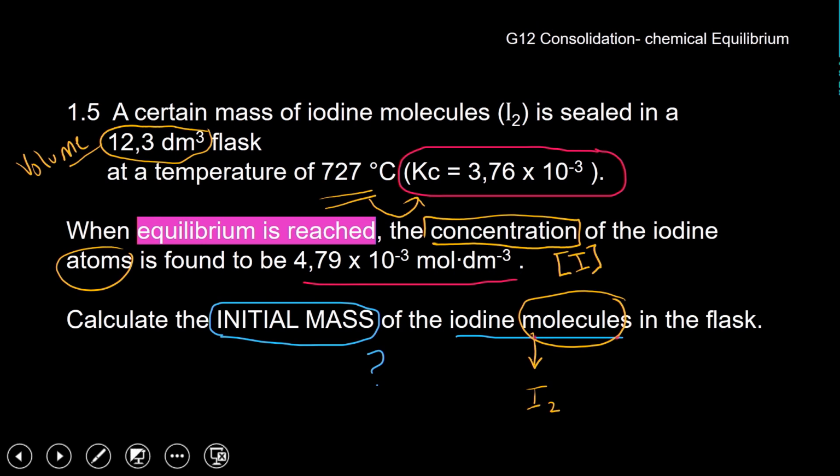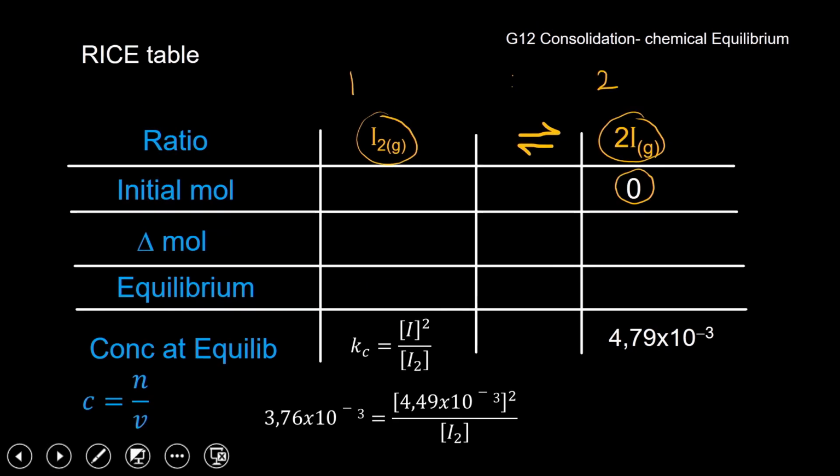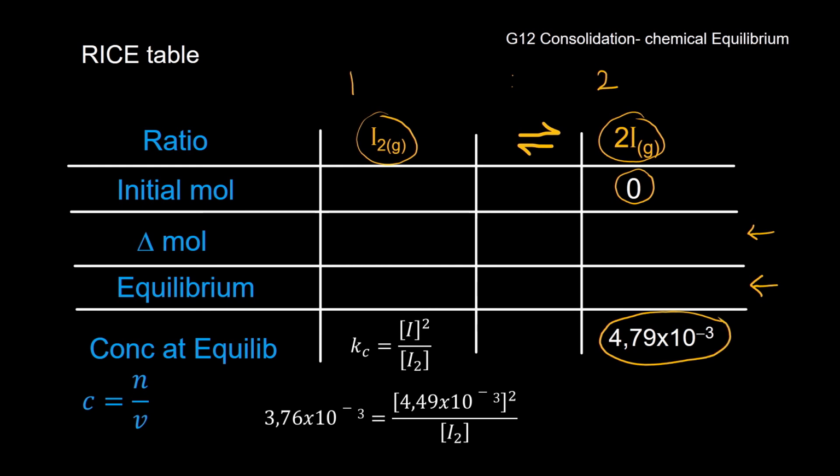So that is concentration. So I can't fill anything into these two rows for now, but what I can do is fill in the concentration of the iodine atoms at equilibrium.